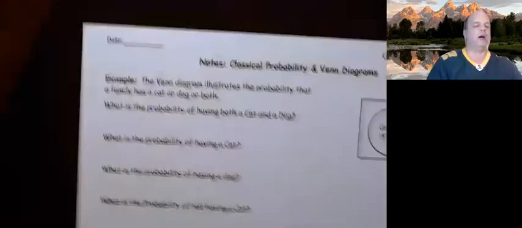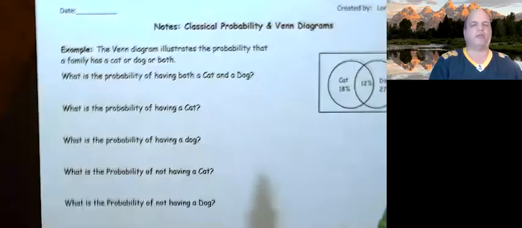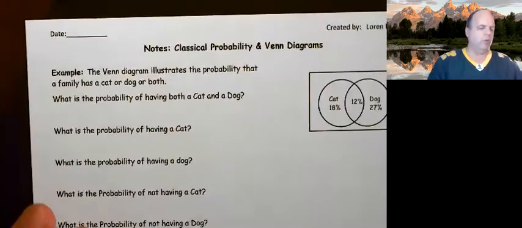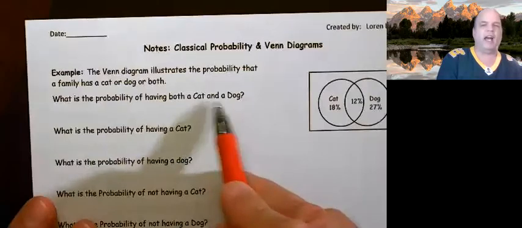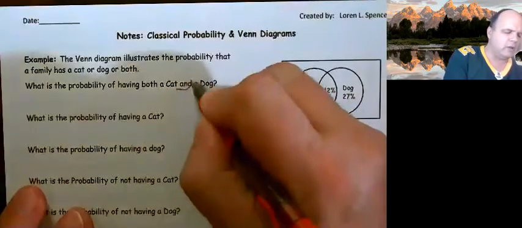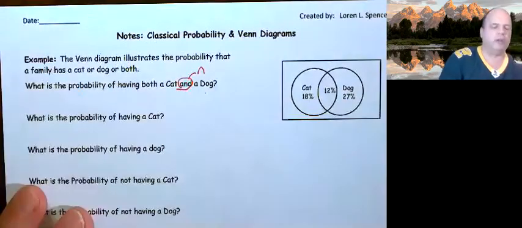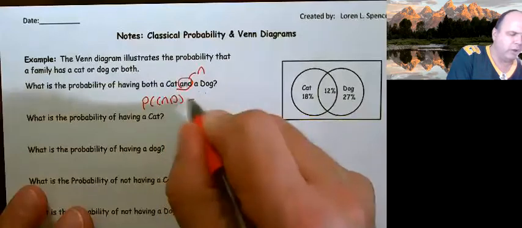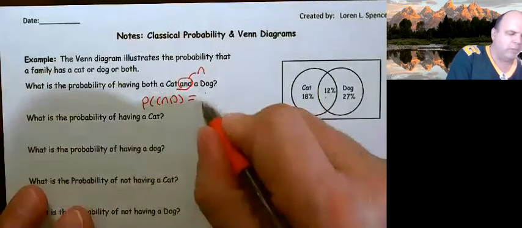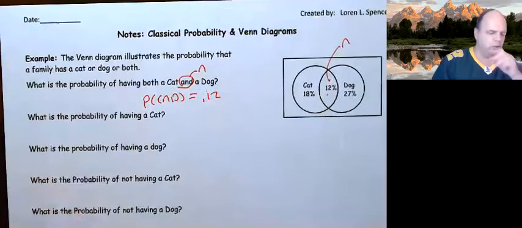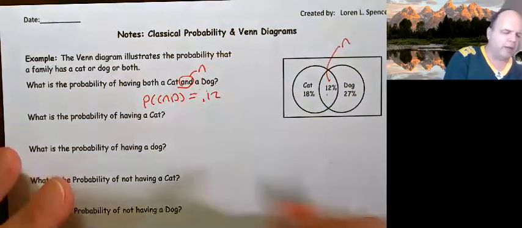All right, so let's put this all into an actual problem where it starts to come together for us. So what's the probability of having a cat and a dog? I see the word and, and that makes me think intersection. So this is the probability of cat and dog, which is my intersection right here, 0.12. What's the probability of having a cat?